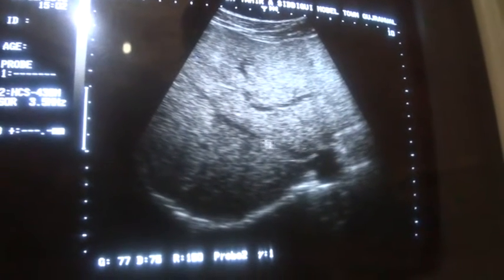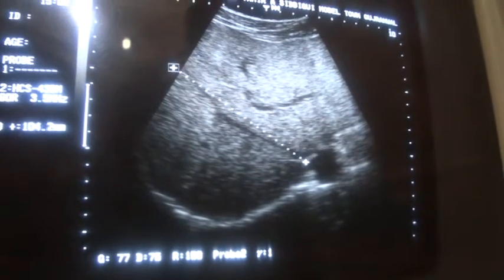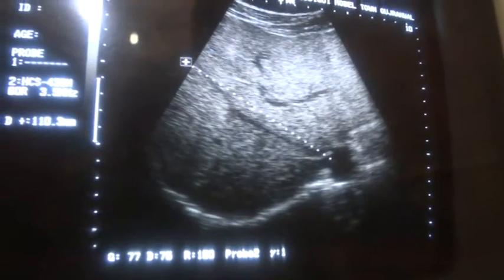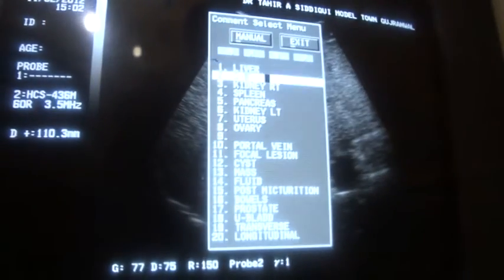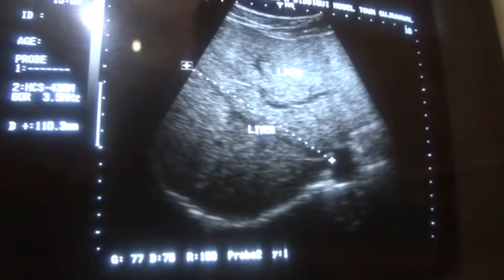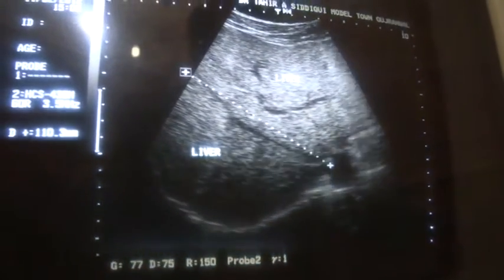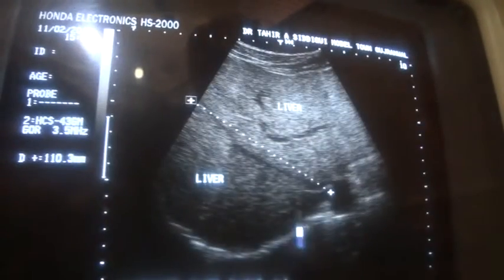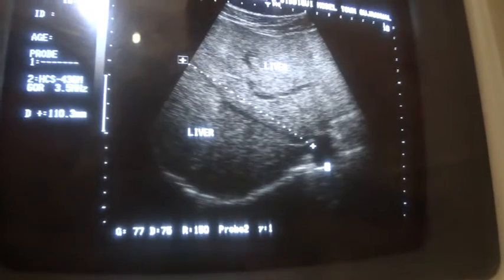This is the middle hepatic vein which divides the liver into right lobe and left lobe. This is the left lobe and this inferior portion will be the right lobe. Note the diaphragm, the echogenicity of the diaphragm.